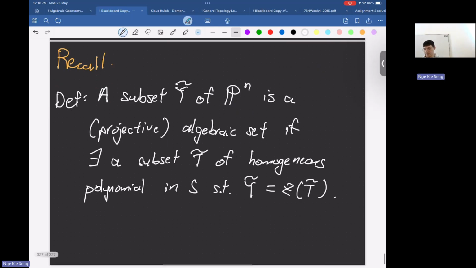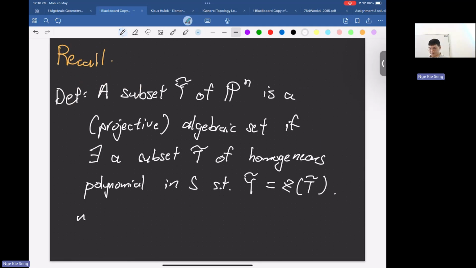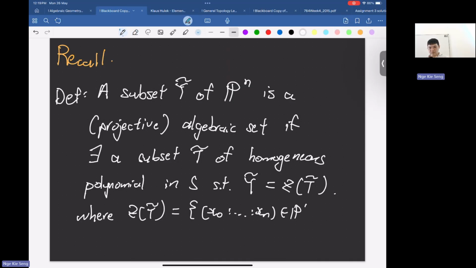Here Z(T) refers to the set of zeros, the points (x0, ..., xn) such that f(x0, ..., xn) is equal to 0 for all f in T. These are the points in Pn.